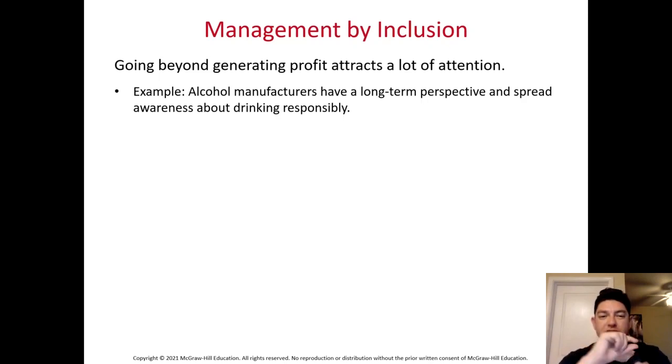Usually it's in the form of a disclaimer that says, drinking during pregnancy can cause long-term effects and stuff like that. So it's not just about making money for them. They want to spread some kind of awareness and kind of warn you about the negative effects of their product.